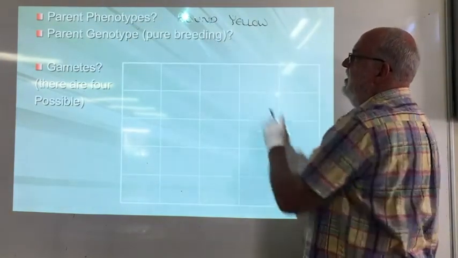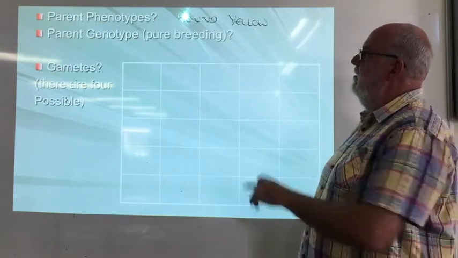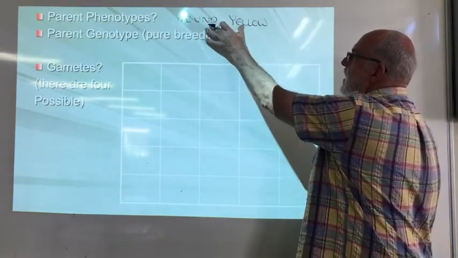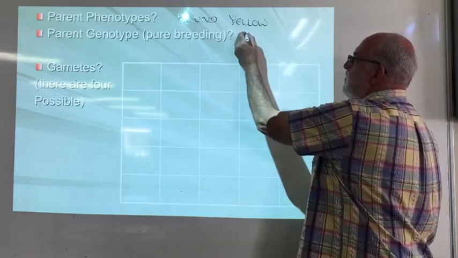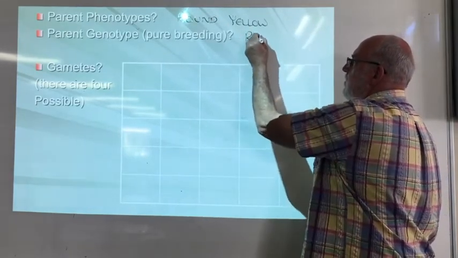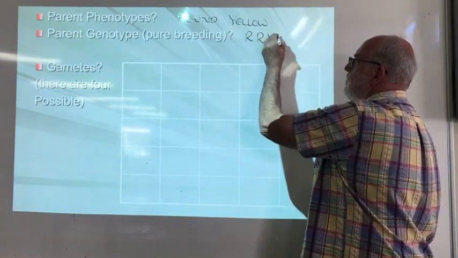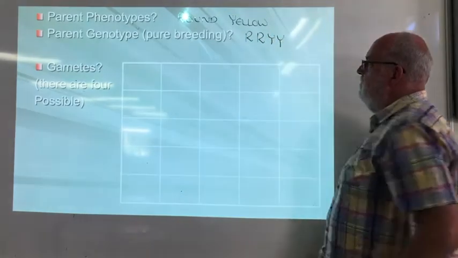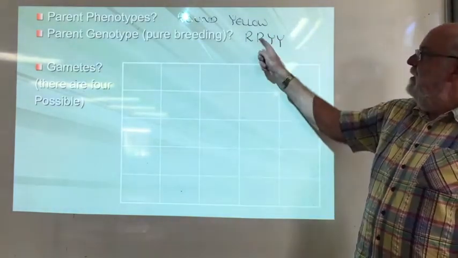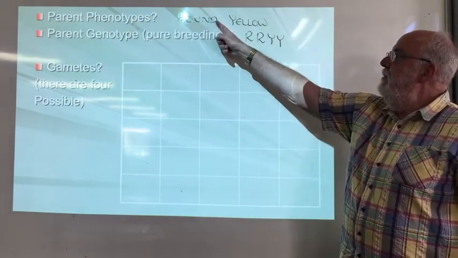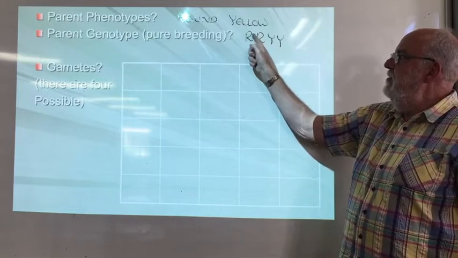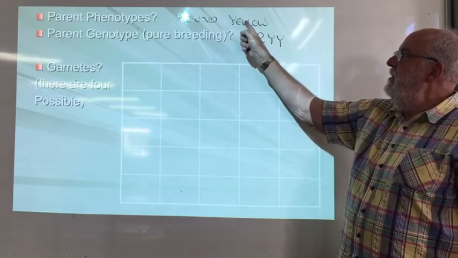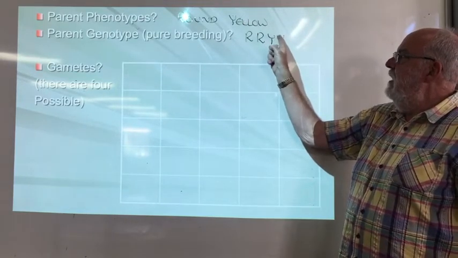So the parent genotype of pure breeding yellow peas that are round are going to be this. Because pure breeding round, each chromosome has a capital letter, a dominant allele. Pure breeding for yellow, it's going to be like that.